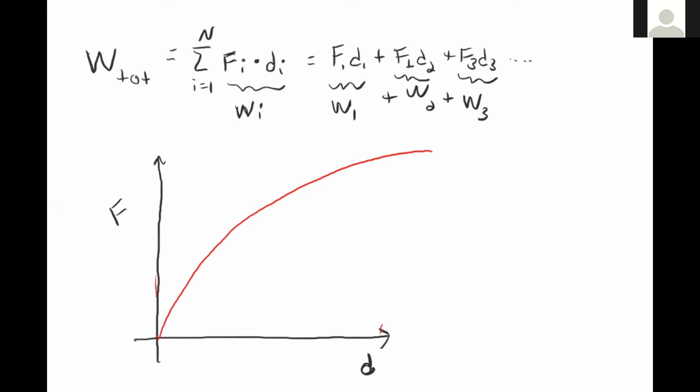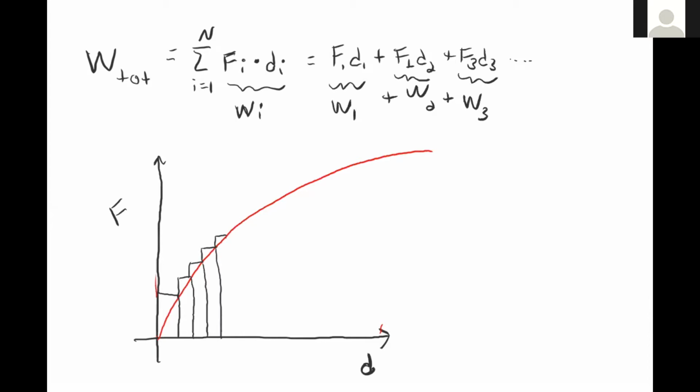So what you can do is break it up into little bitty segments and find the area that way. What we do in calculus, something called a Riemann sum, is break up all of this area underneath the curve into these long, skinny rectangles.